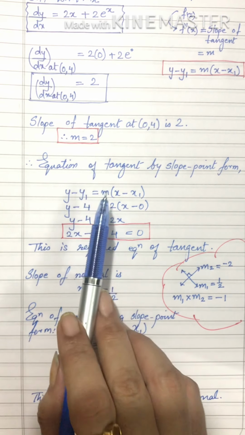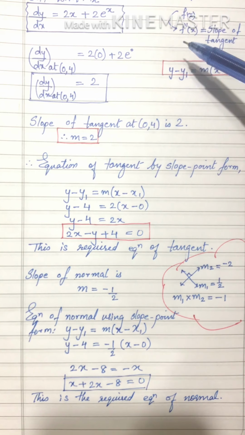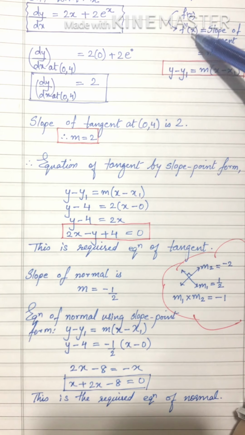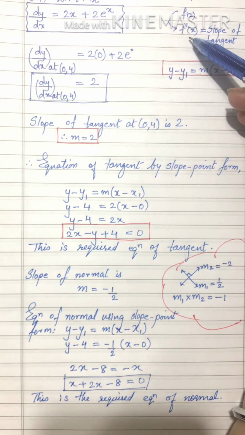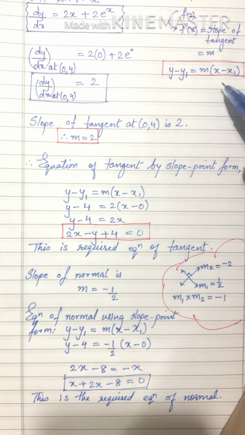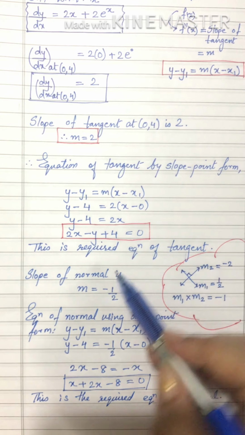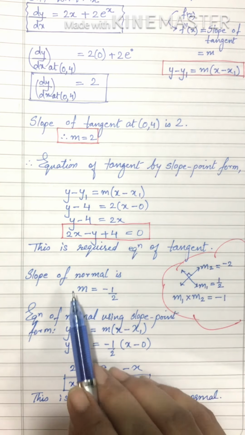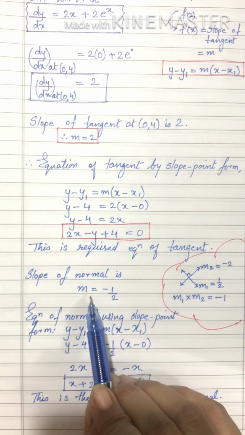Now here when we are working with tangent to the given curve, what we do, we will first of all find out slope by finding derivative of given function in x. That will be slope of the tangent. Then use slope point form equation to find equation of the tangent. Similarly we follow finding slope of normal which is perpendicular to the tangent. How do we do this?